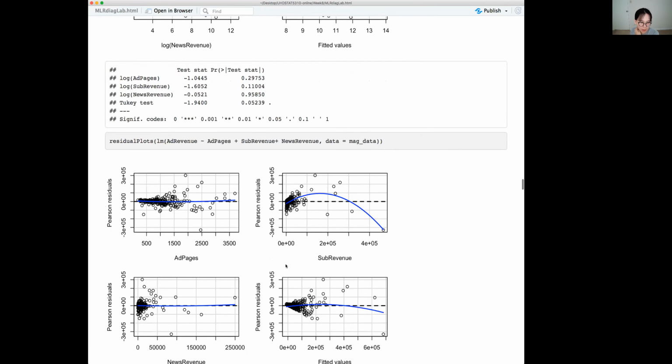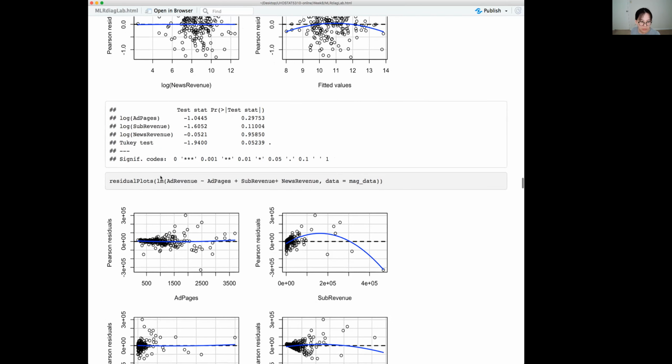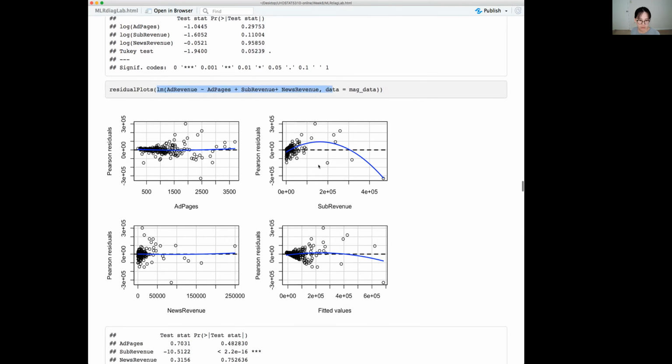This is showing you a residual plot after transforming the model. But if you do the residual plots for your original model, where we did not do any transformation, the residuals are not that good. They show some pattern and are all clumped together.